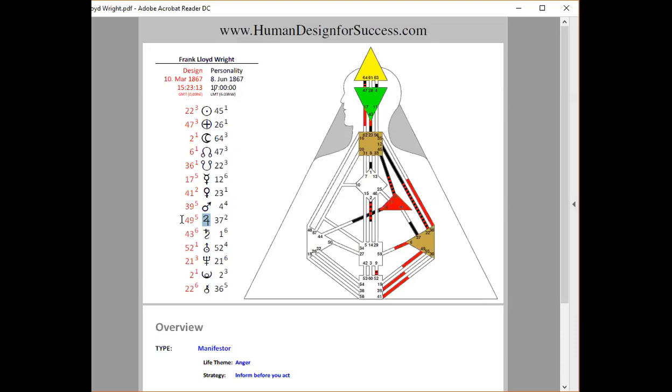And in the conscious position in Jupiter, he had the gate 37, which is the gate of peace and harmony. And I think he really expressed that in his strong intention and desire and accomplishment of integrating and harmonizing his buildings and his furniture and interiors with the way we live and with the environment.